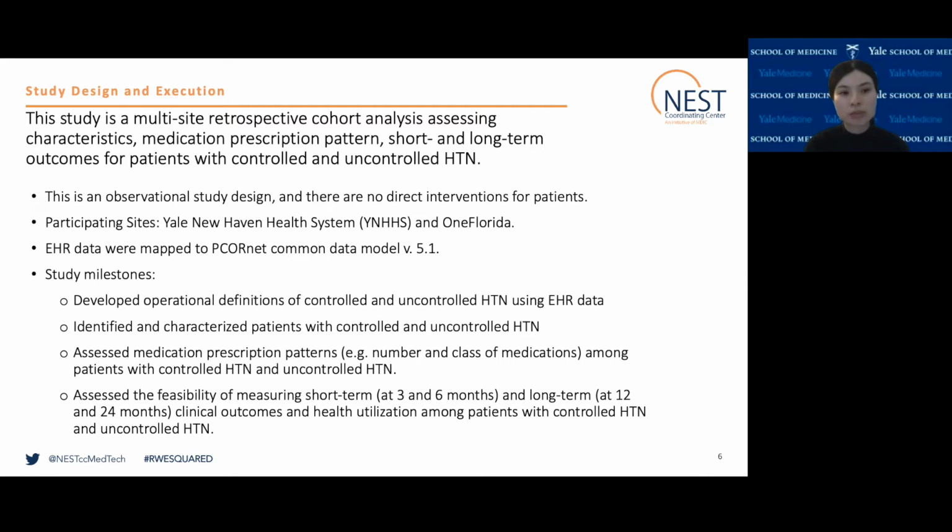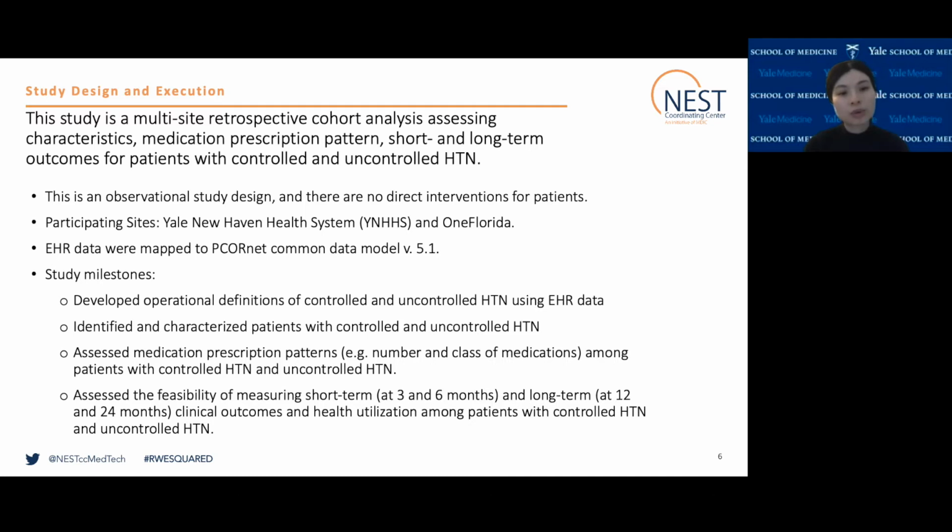We have several study milestones. In Aim 1, we develop an operational definition of controlled and uncontrolled hypertension using EHR data. And using this definition, we identify and characterize patients with controlled and uncontrolled hypertension. In Aim 2, we assess medication prescription patterns, which include the number and class of medication among patients with uncontrolled and controlled hypertension.